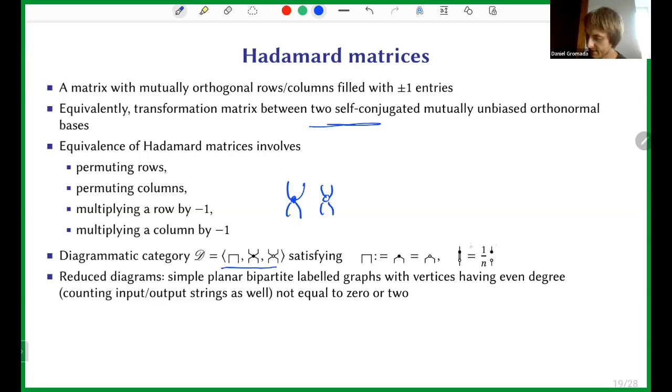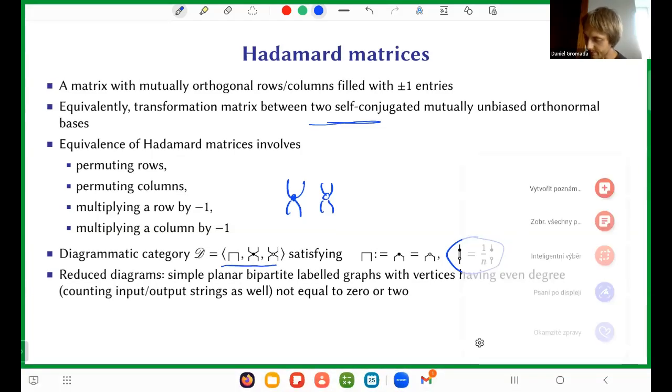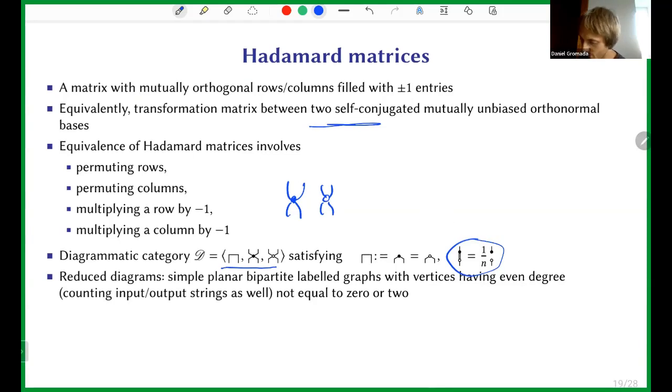And you can point out that, if the two bases are self-conjugate, so the transformation matrix is real, then this must work. And the fact that they are mutually unbiased, computing the inner product from one basis to the other gives 1 over n. This is this relation. I'm not saying it's obvious, but you can compute that.